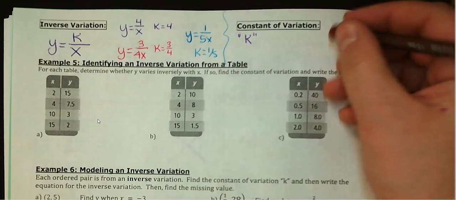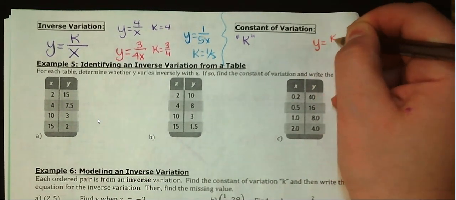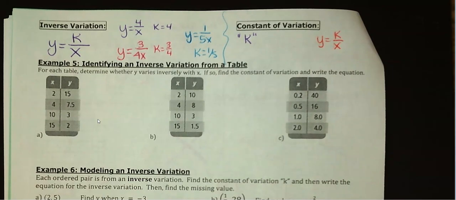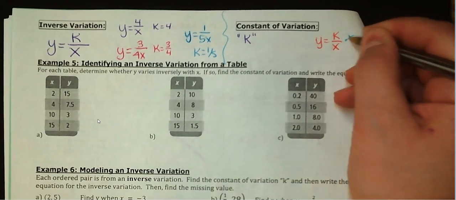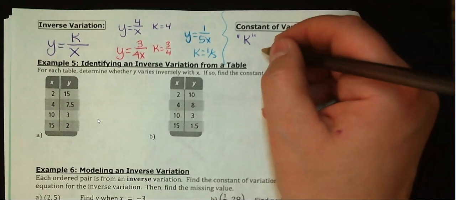Now, if I told you to take that original equation, y equals k over x, and I said, let's get k by itself on one side, what would you do to get k by itself? You would multiply by x. So in this case, both sides would get multiplied by x.